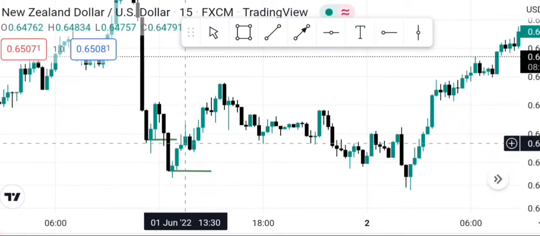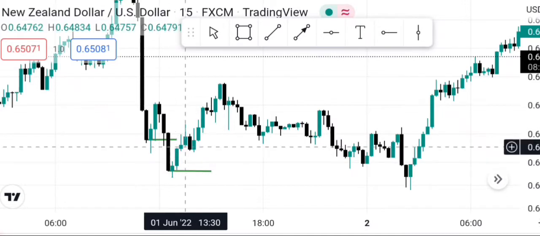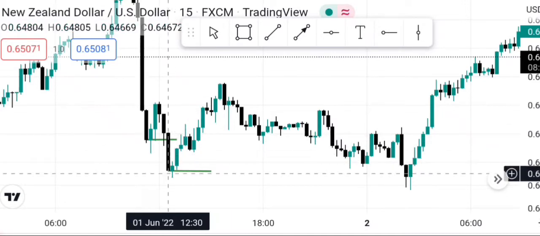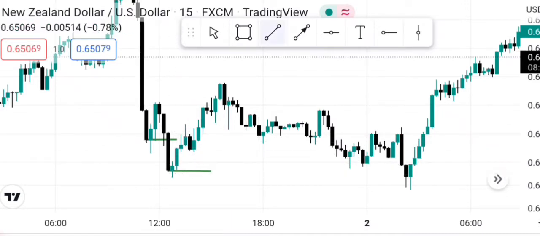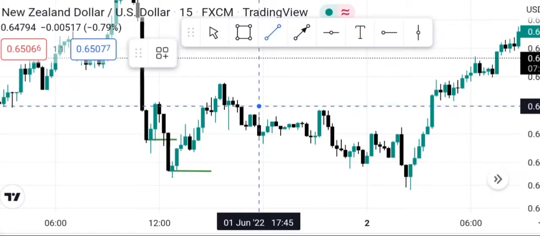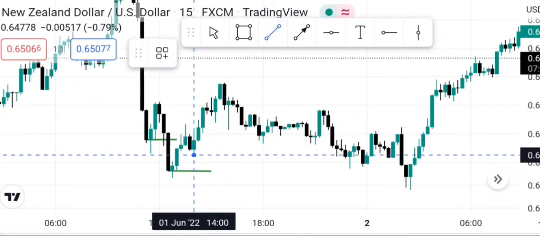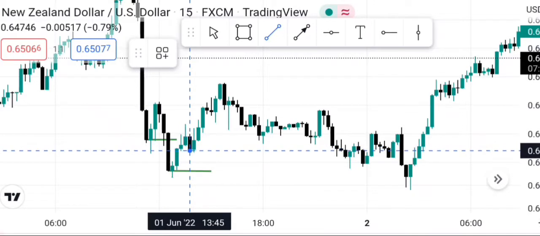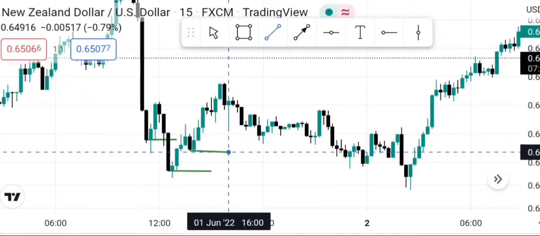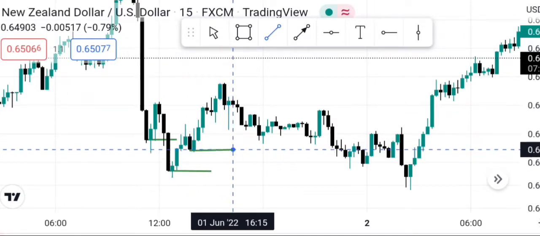You can see that, right? Let me give more examples. This low right here, it's also considered a swing low, because as you can see, it has two consecutive candles following it.